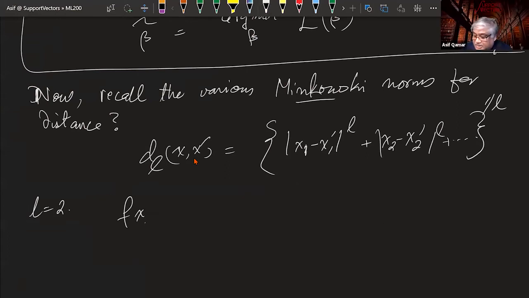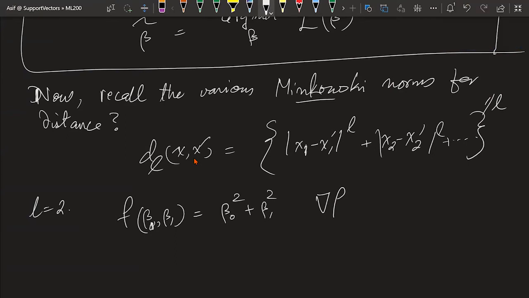So now let me write it in the language of beta, because we are in the parameter space. f(beta naught, beta 1) would be beta naught square plus beta 1 square, isn't it? So the constant values of this function were the circles. What is the gradient of this? Well, beta naught plus beta 1. You already did that before. So this is it. Do you notice that?